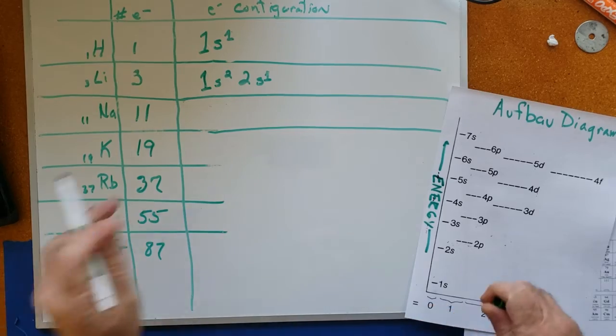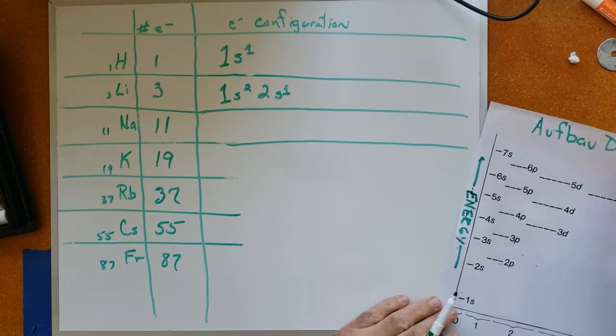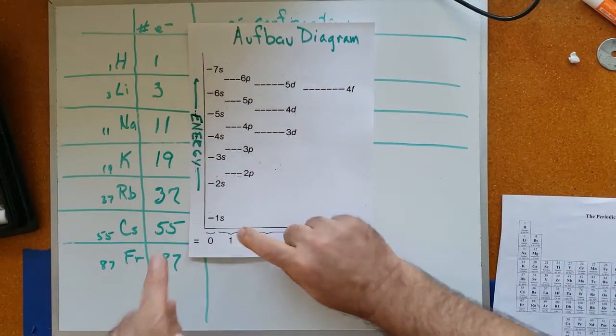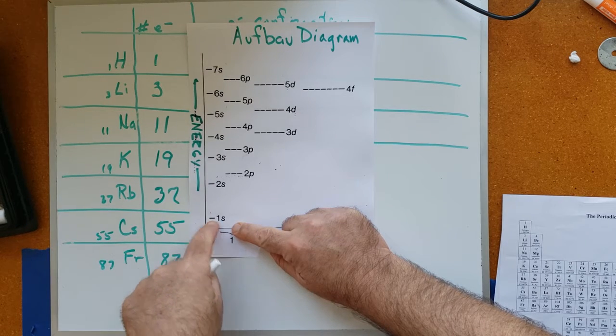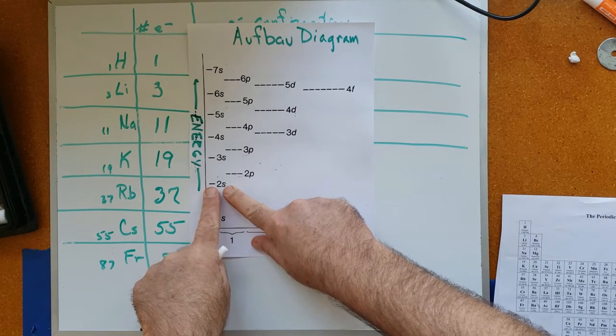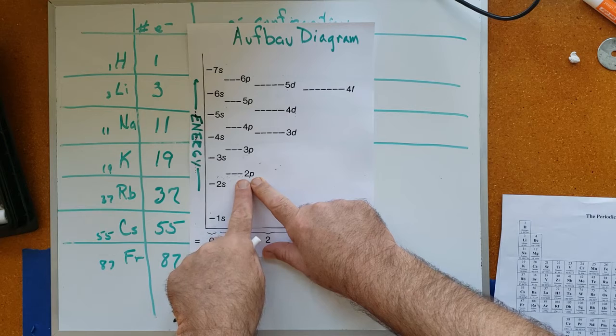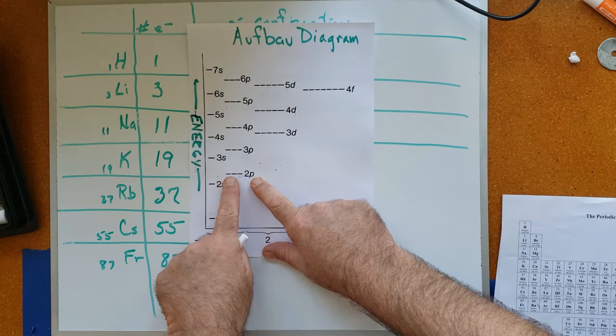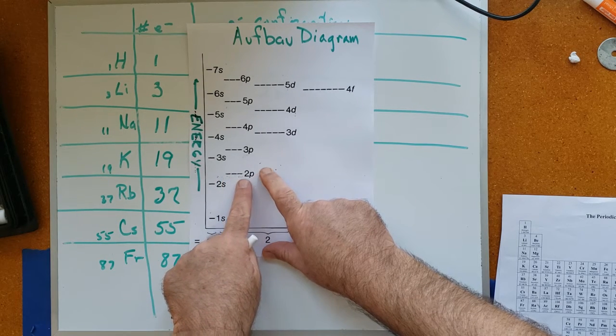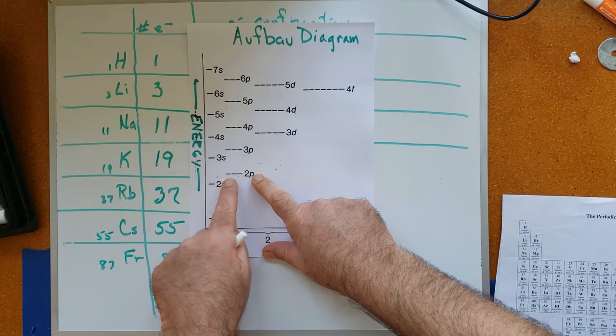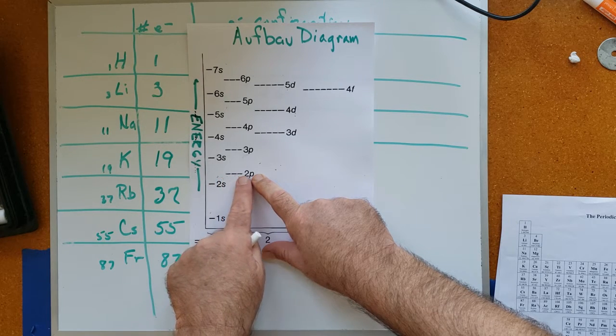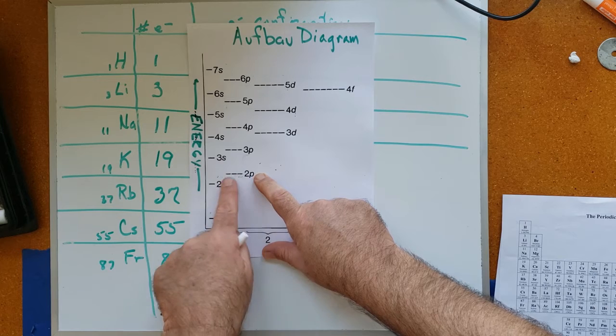All right. Now, for sodium, 11 electrons. All right. 2 of them would go here. 2 of them would go into the 2s. And then into the 2p's, we're able to stuff in 3 pairs. Remember, the p orbitals come 3 to a group. 2 electrons in each orbital, so that'd be 2, 4, 6. That'd be a total of 10 electrons.